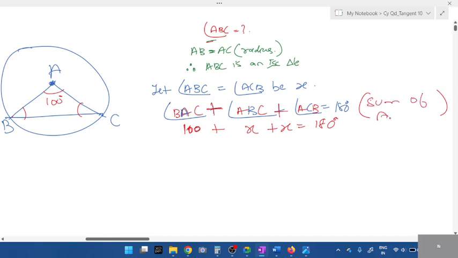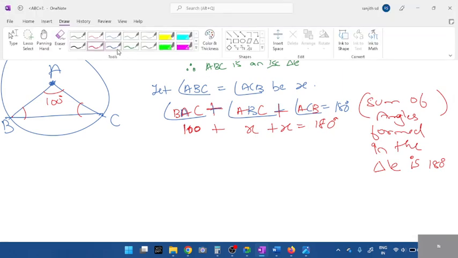Sum of angles. Where is it formed, inside or outside the triangle? Sum of angles formed in the triangle is equal to how much? Sum of angles formed in the triangle is 180 degrees.